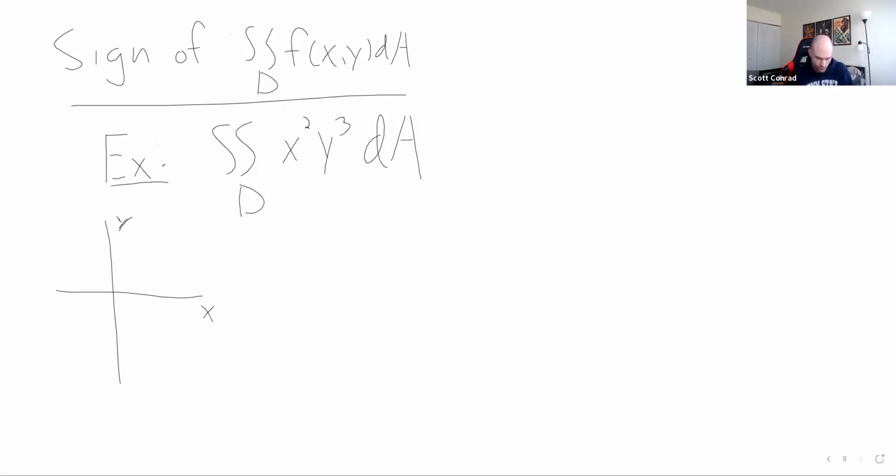Okay. So suppose we had this region here. Suppose that's our D. Well, notice this guy's symmetrical in the y direction, about y equals 0.